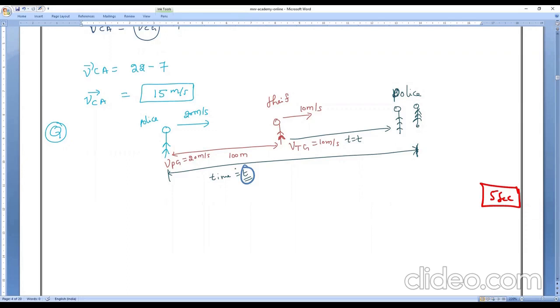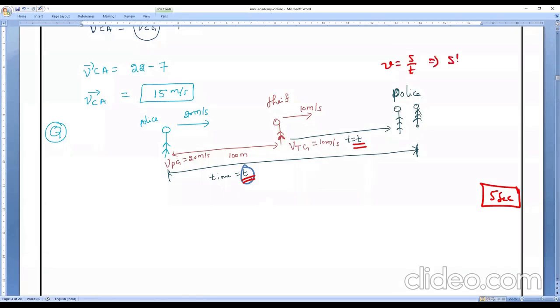So let the time taken to catch by the police be T, and in the same time the thief also will run some distance. Now I want to find the distance traveled by the thief in that time period. We know the speed formula: speed is equal to distance by time.